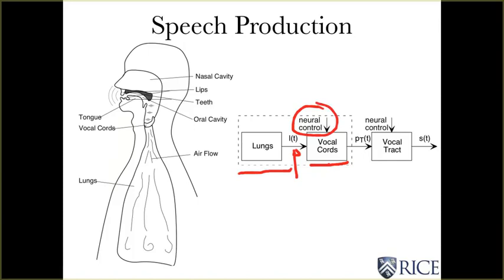For the point of view of speech, that is the only thing we care about. That produces what we're going to describe as a periodic pulse train, a periodic pulse sequence, something we've already talked about. That serves as the input to the vocal tract, where, according to what you want to say, the position of the tongue, the lips, and everything else is again under neural control, and that determines what is being said.